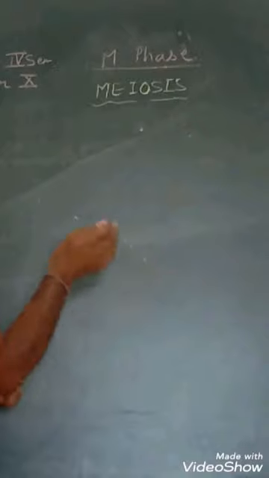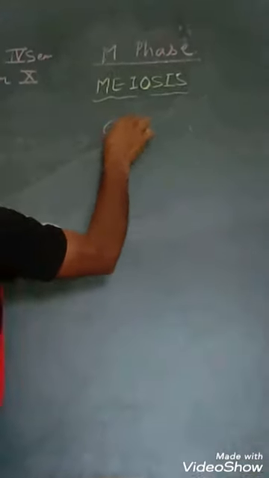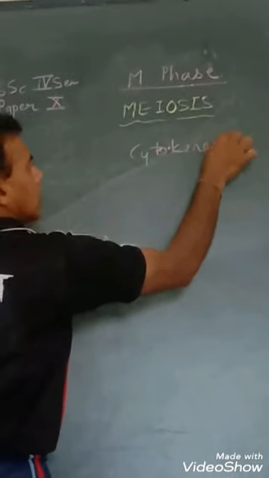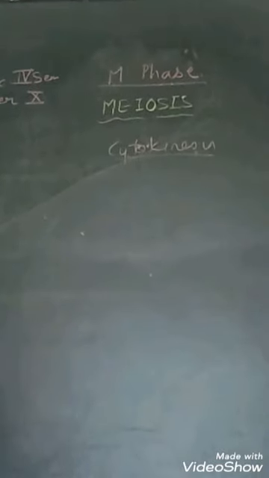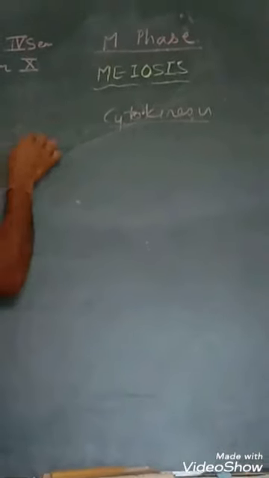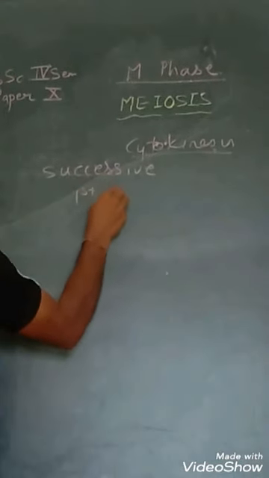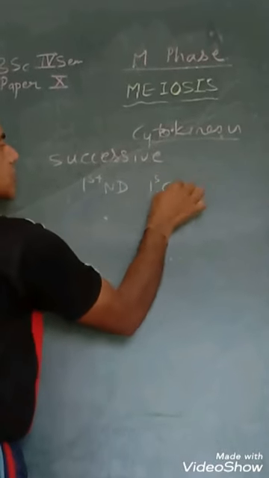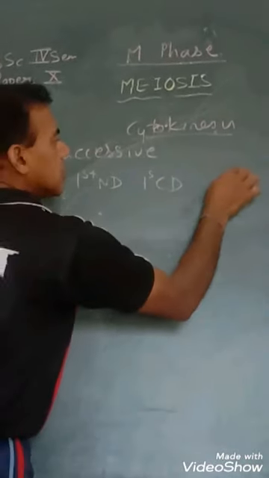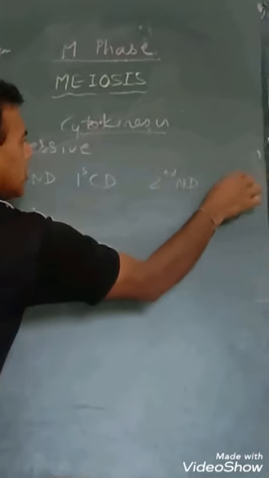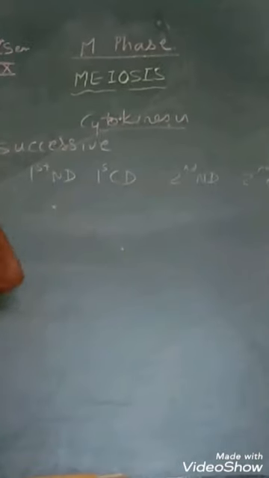Now coming to the next very important aspect of meiosis, that is cytokinesis. In plants we observe cytokinesis of two types. First is the successive type, in which the first nuclear division is followed by first cell division, and the second nuclear division is followed by second cell division.